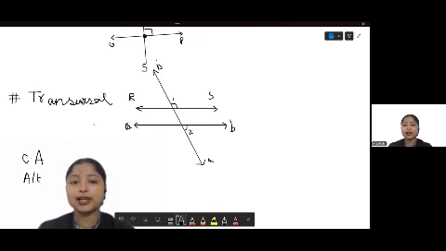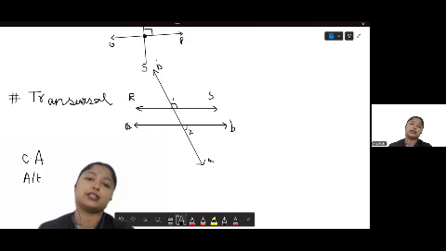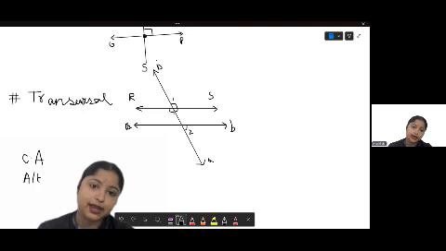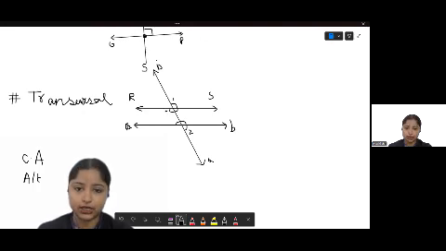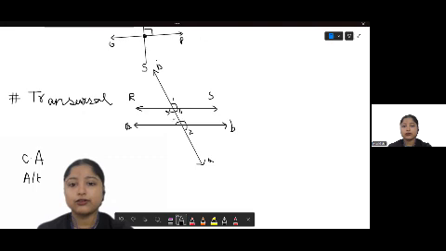Inside the parallel lines on opposite sides of the transversal. For example, this is inside of the parallel lines, and these are alternate interior angles. Let's name them 3 and 4, and this is 5 and 6.